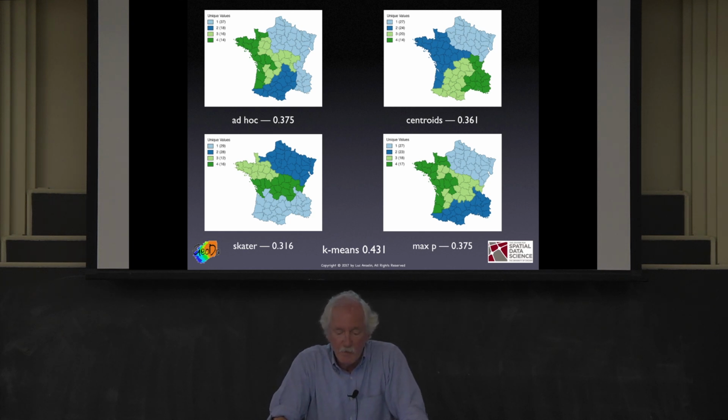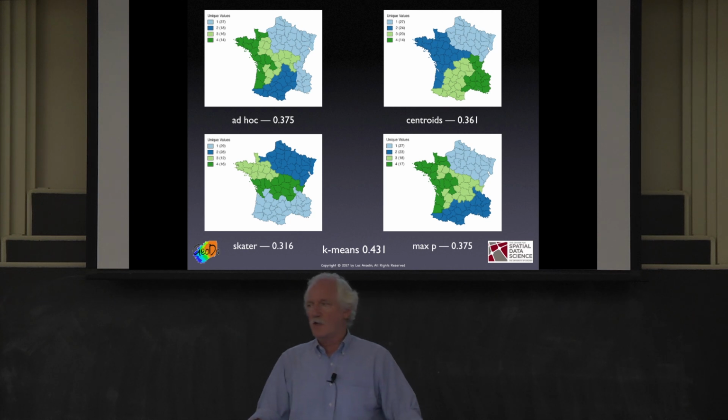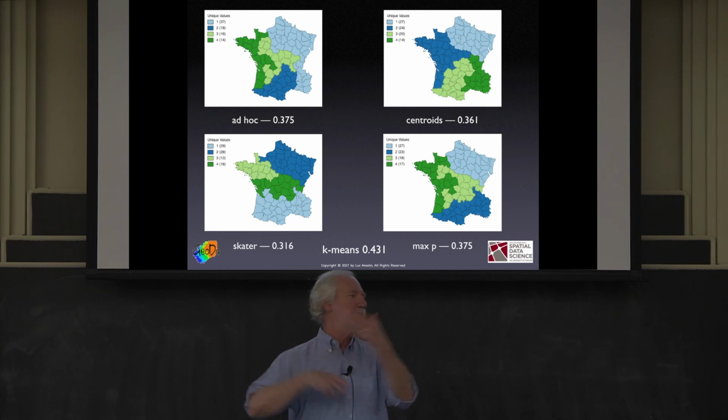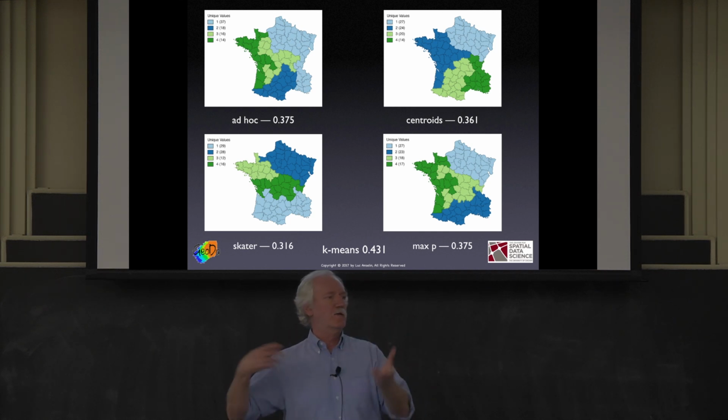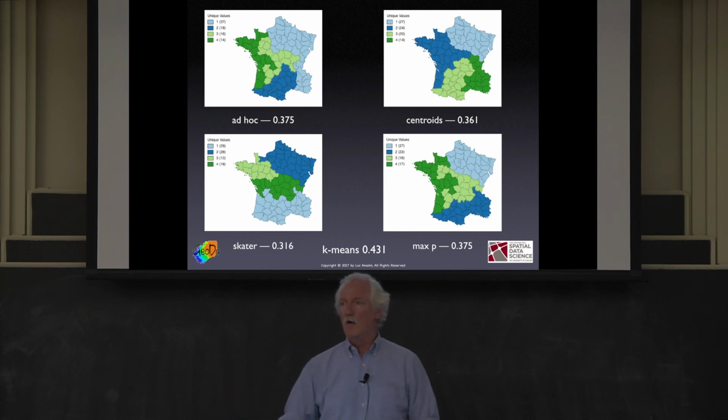But what does seem to be the case, at least in my experience, is that max-p, if it converges, which is an if, gives you better results than SCHC. SCHC is very nice, but tends to get stuck in suboptimal solutions because of its hierarchical nature. Max-p doesn't have that. It constantly swaps and swaps and looks for better and better solutions. And it can keep doing that for a while until it gets to a good solution.